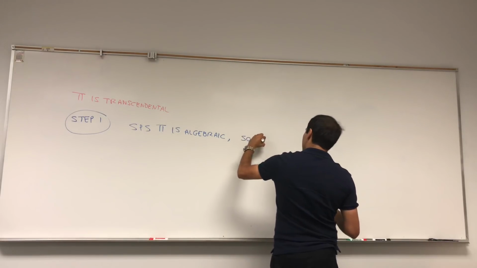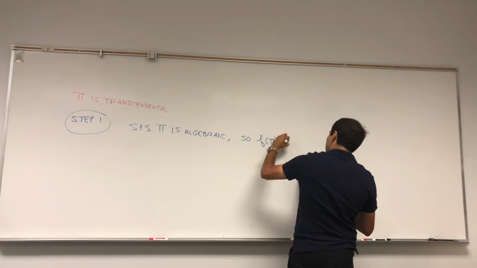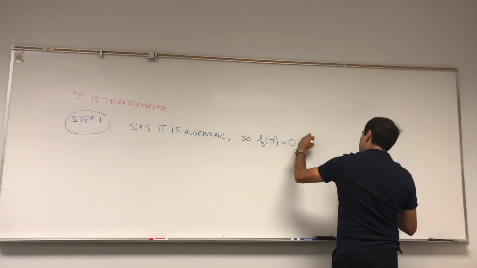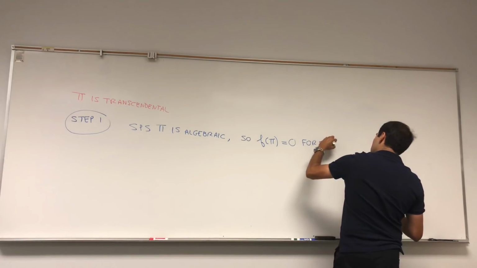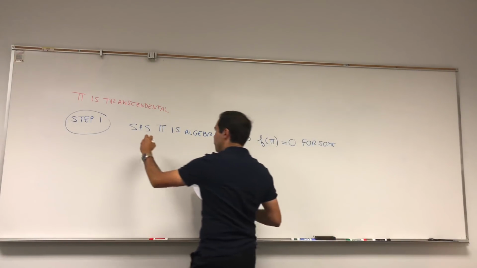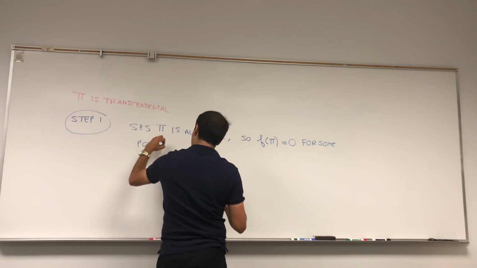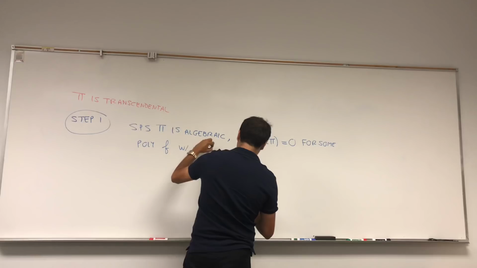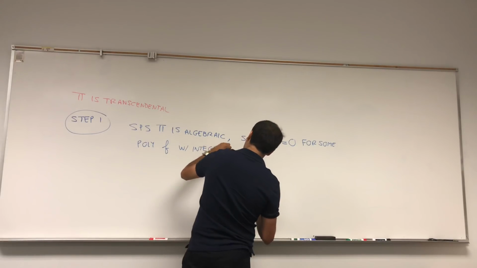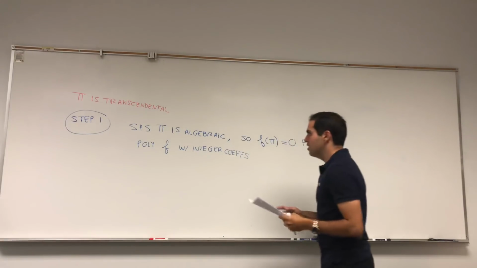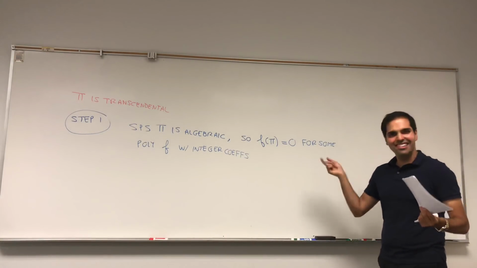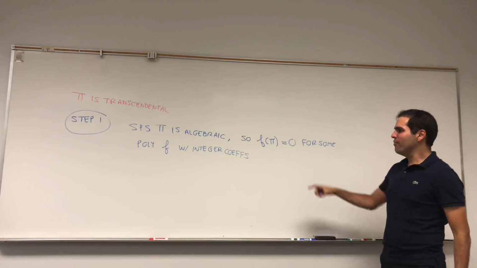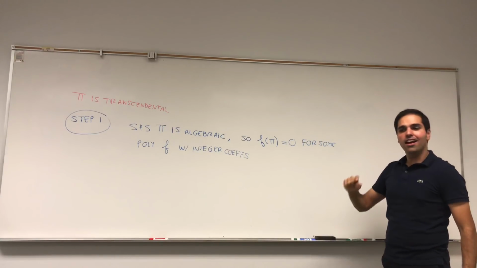So, f of pi equals 0 for some polynomial f with integer coefficients.